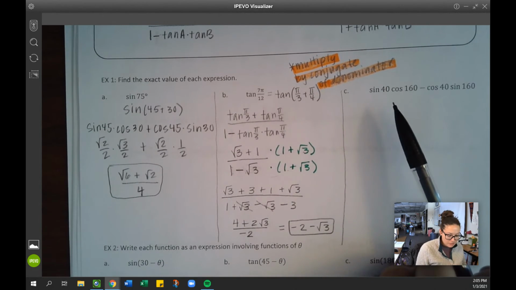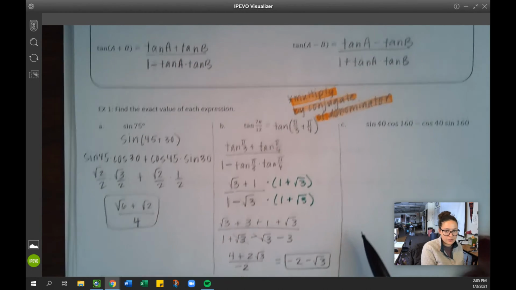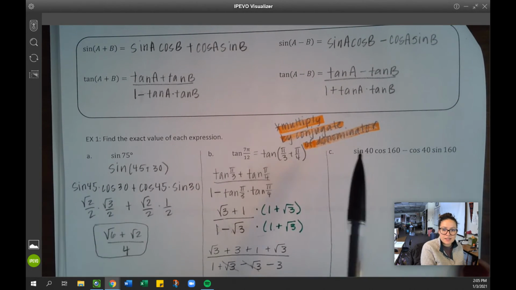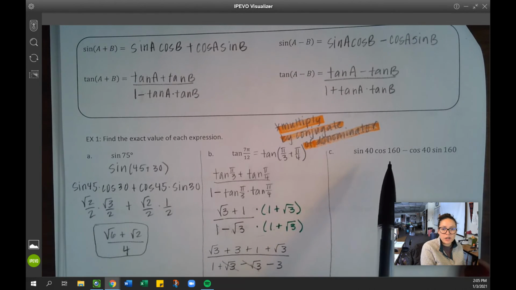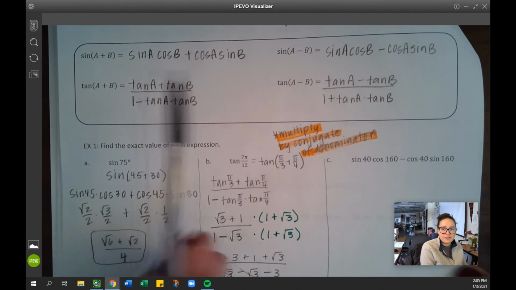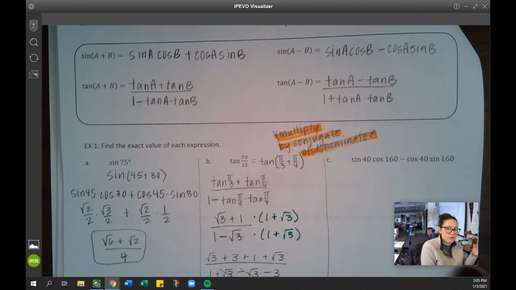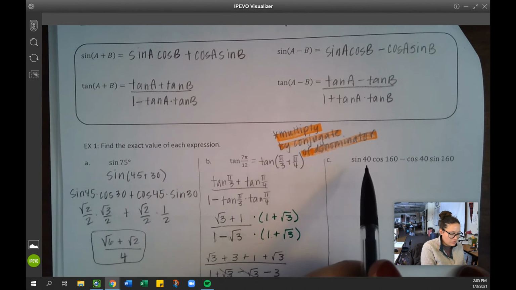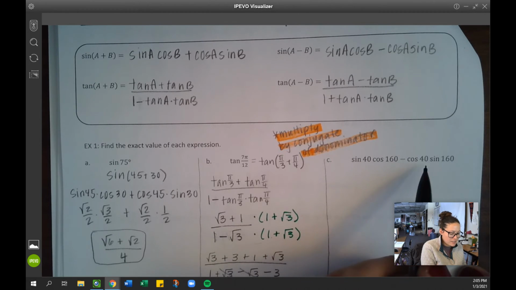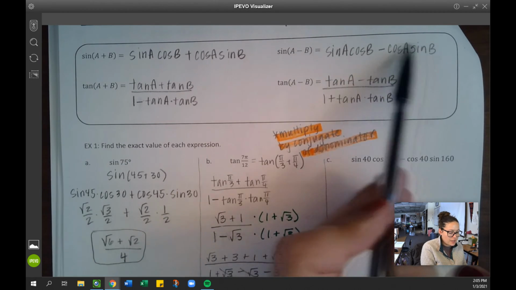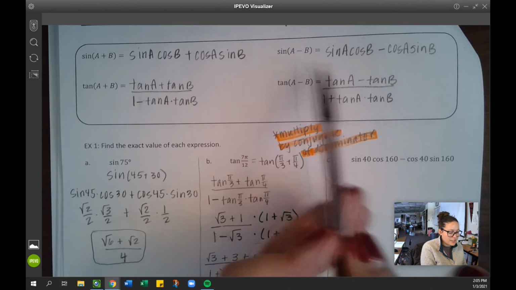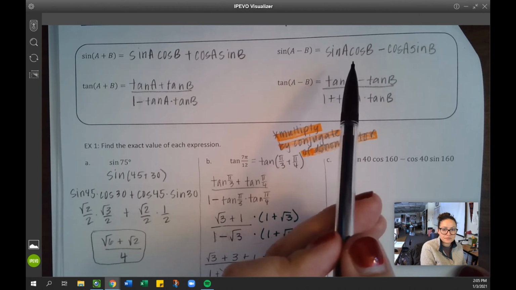Part C, this one's a little bit easier than the tangent one, I will say. We did one like this in lesson 3, where you're basically given an identity and you have to kind of work backwards. So it goes sine, cosine, minus cosine, sine. So this is the difference of signs.